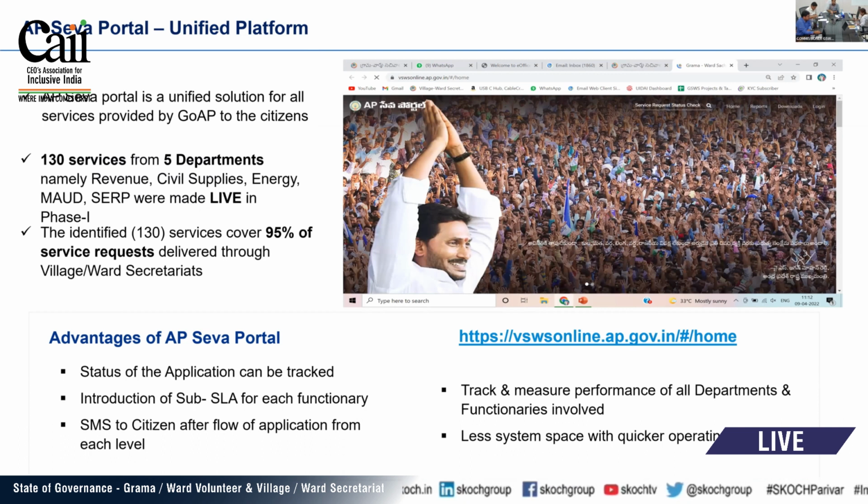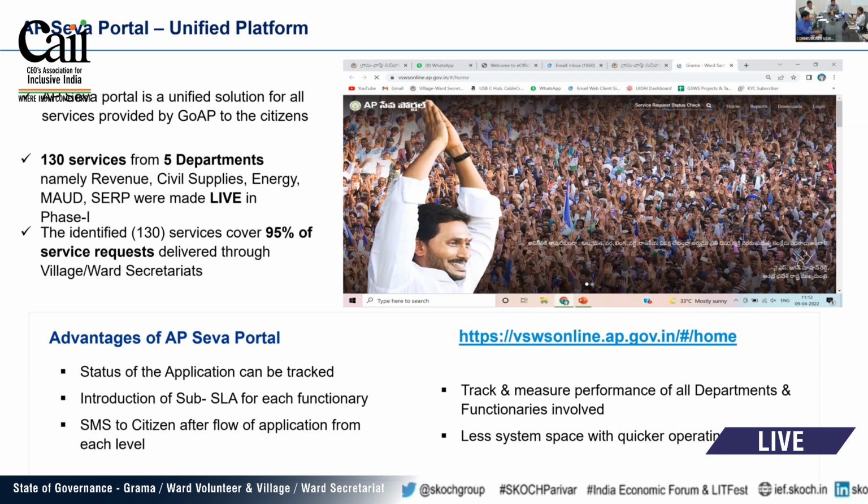He will go there and tell the digital assistant that he wants the mutation service applied for. The digital assistant will take the basic details, fill them in and submit the application form. That application form will in turn go to the VRO, the village revenue officer. If it is related to agriculture, it will go to the agriculture assistant. If it is related to blood testing or some health related matter like the Arogya Sri card, it will go to the ANM. So the concerned functionary will get the service request through the DA, and then start working on it.